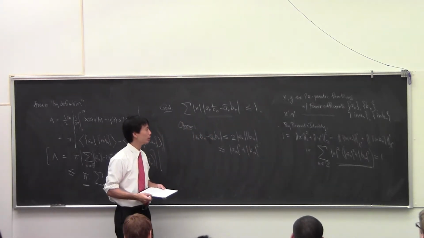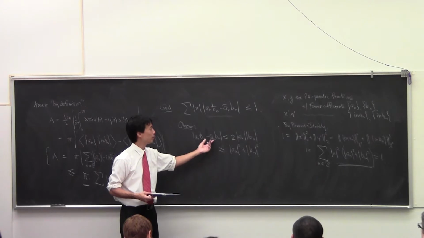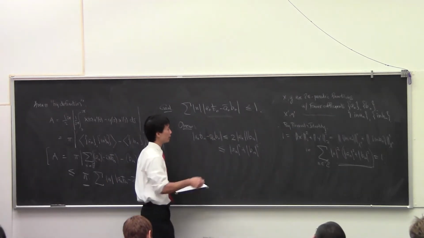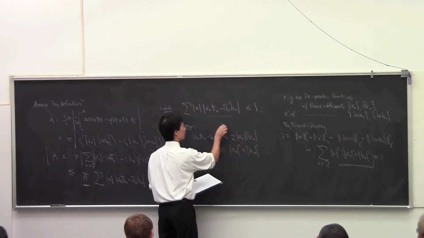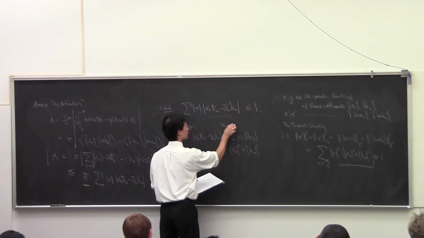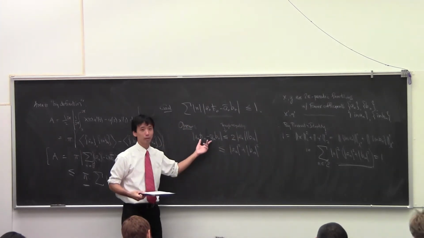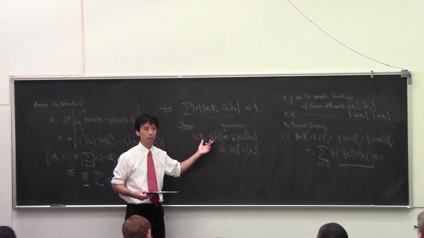Okay. So you do something very crude, right? We use the triangle inequality here in a very crude manner, killing off any cancellation, offending people who like sharpness.